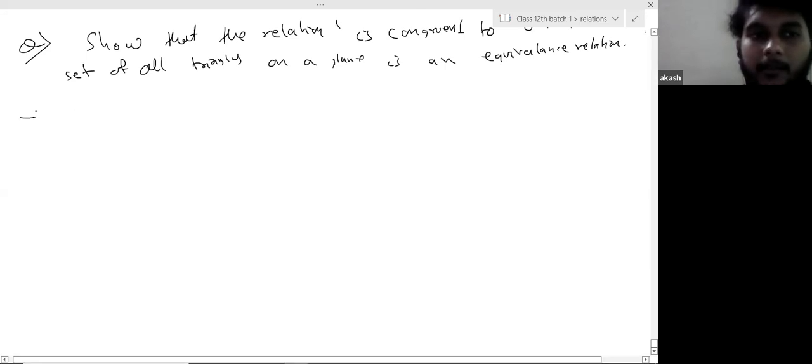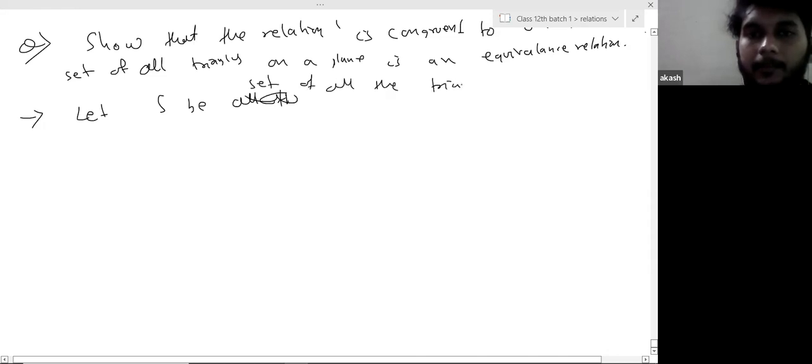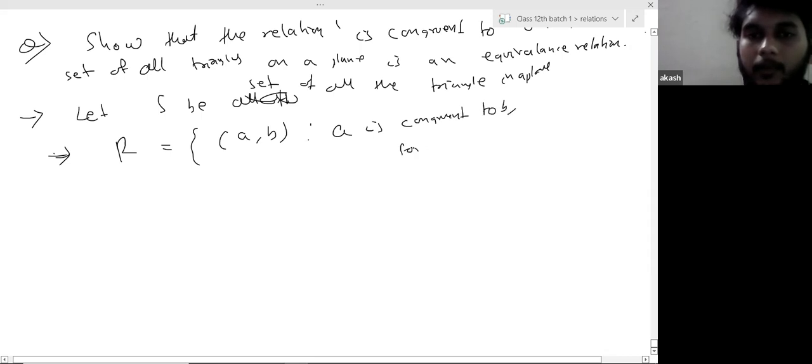If I write this, let S be the set of all the triangles in a plane. And R is defined as A comma B such that A is congruent to B, for all A comma B belongs to S. All right.